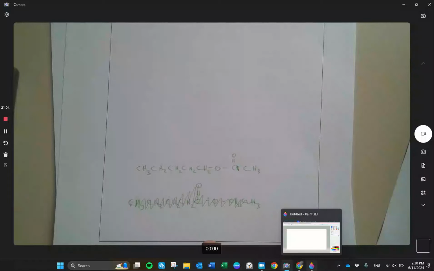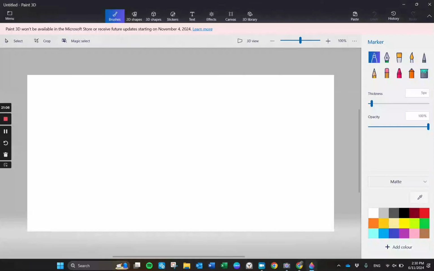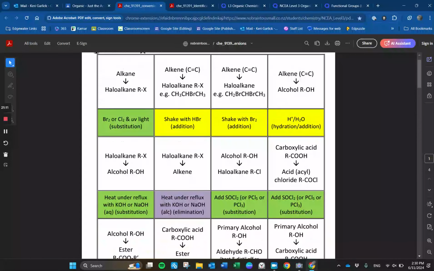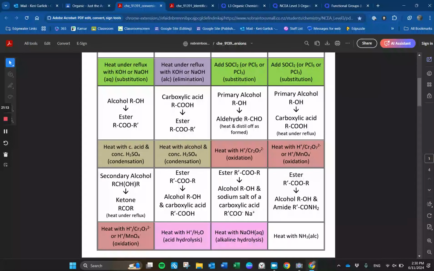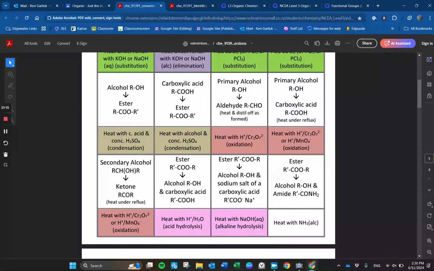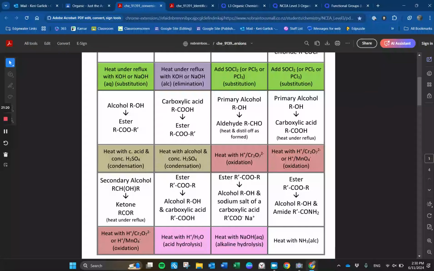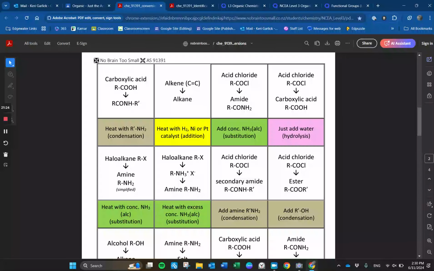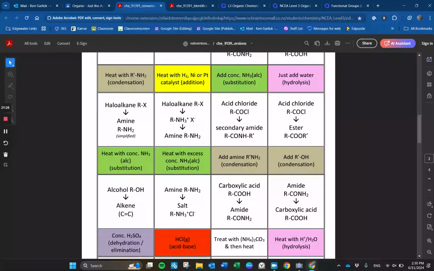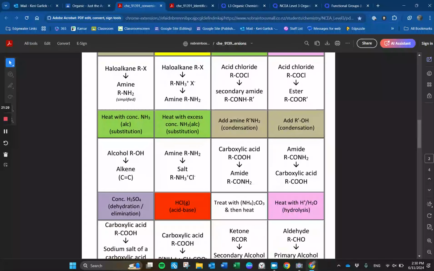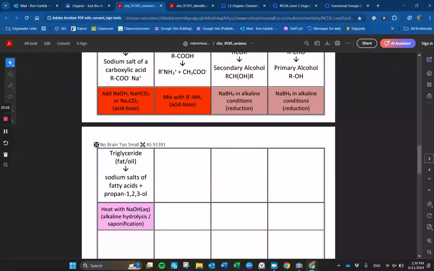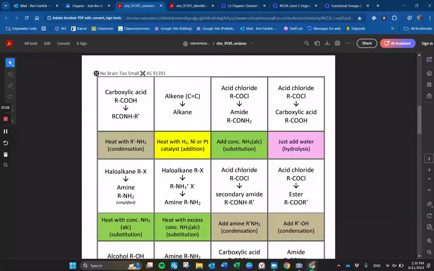Okay, so we go back to here. Let's go through our flashcards. There should be something about esters that makes the ester. Let's see, aldehyde, ketone. Do they have esters?